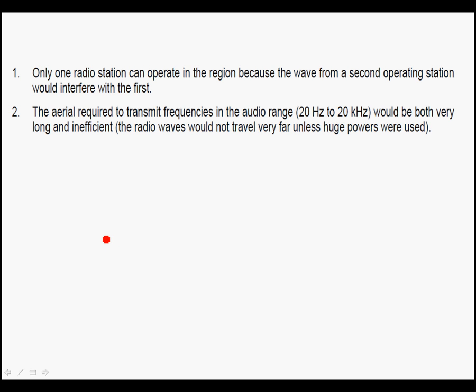The reason for this is, let's say you have one radio station and a few houses here, one, two, and three, and let's say you have two broadcasting stations, right?